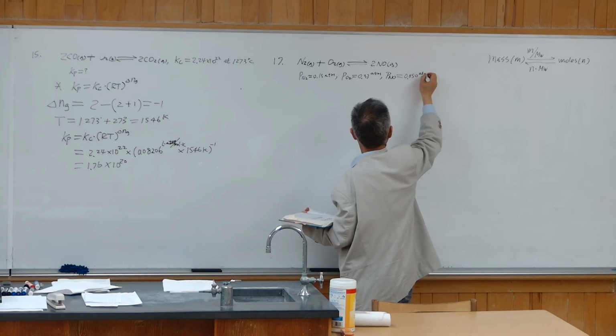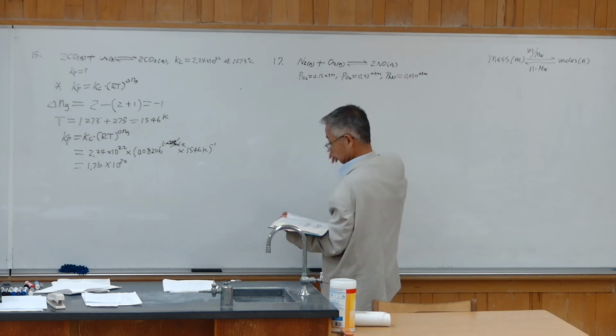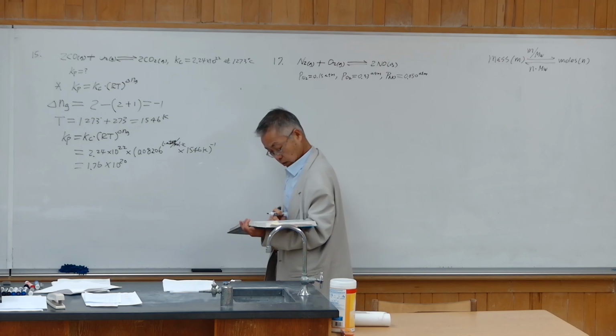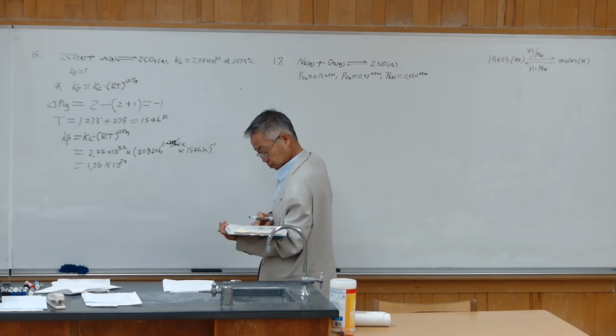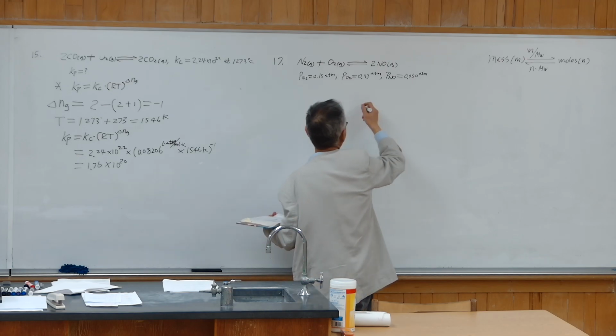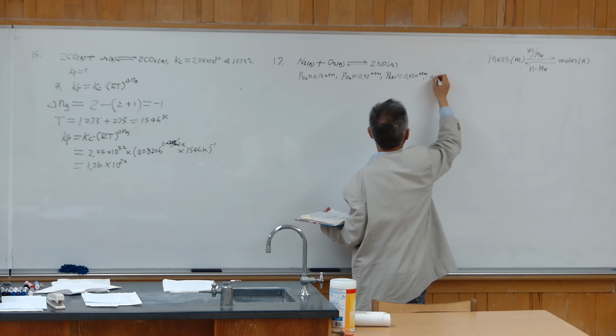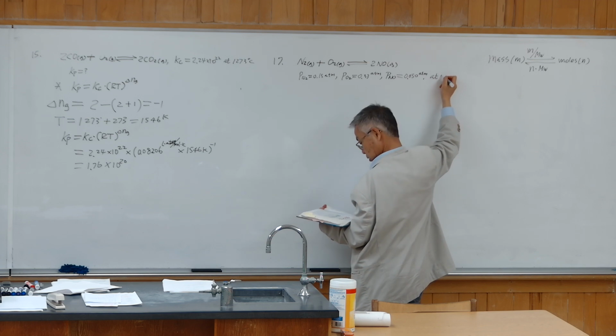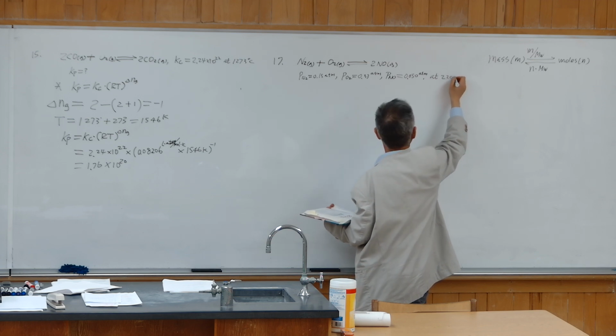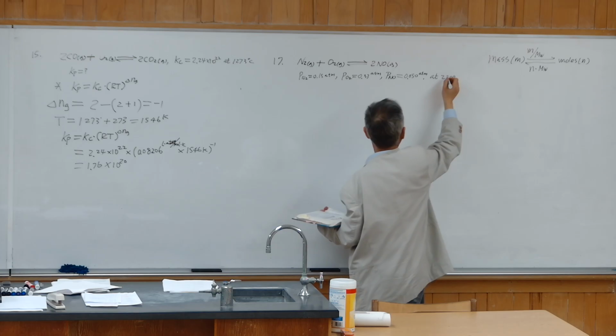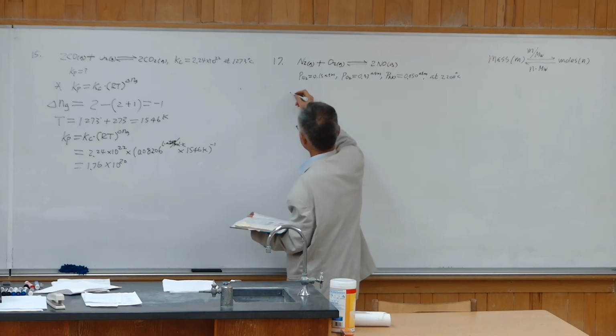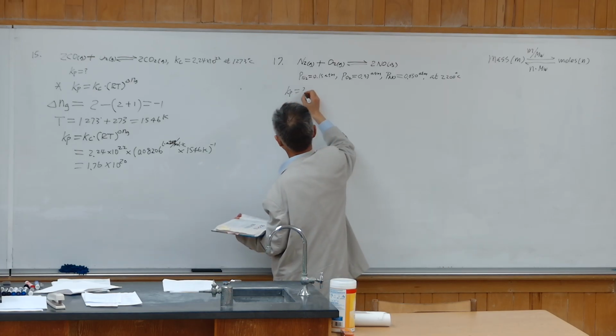So it tells us each gas's partial pressure, and you calculate the Kp. Let's find the pressure at 2,200 degrees Celsius. Calculate the Kp.